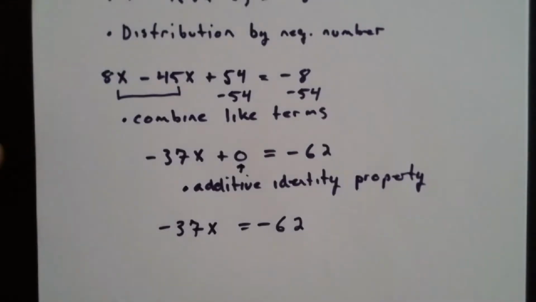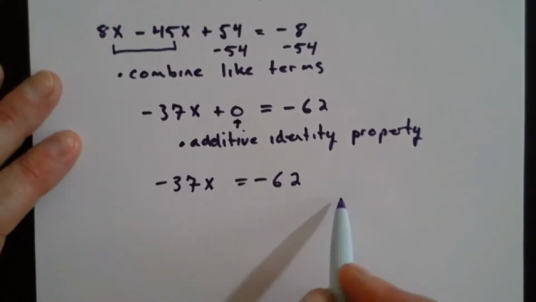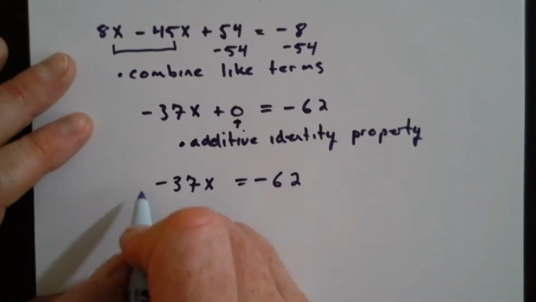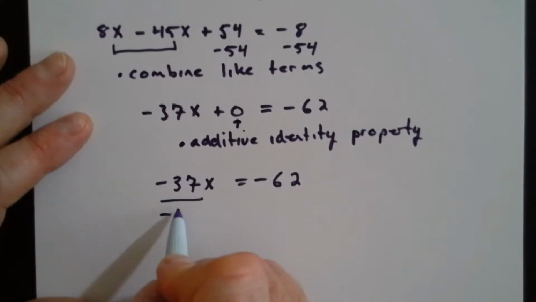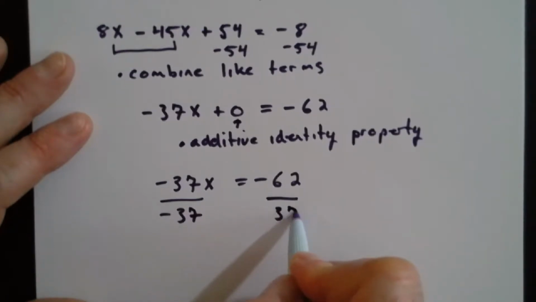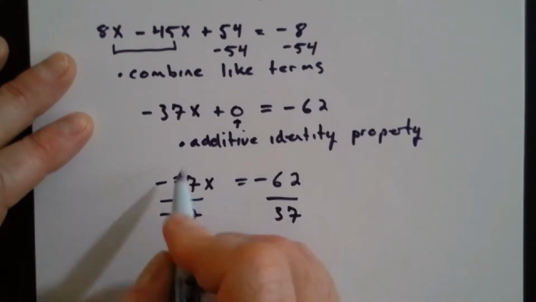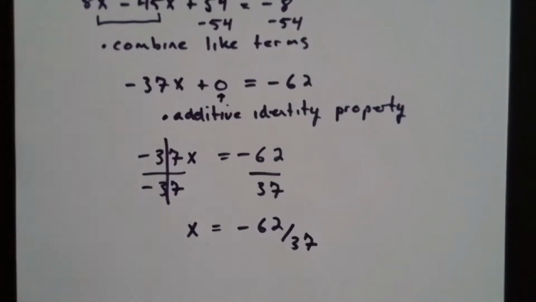So minus 37x is equal to minus 37, minus 62. We have to divide by 37. Negative 62 over 37.